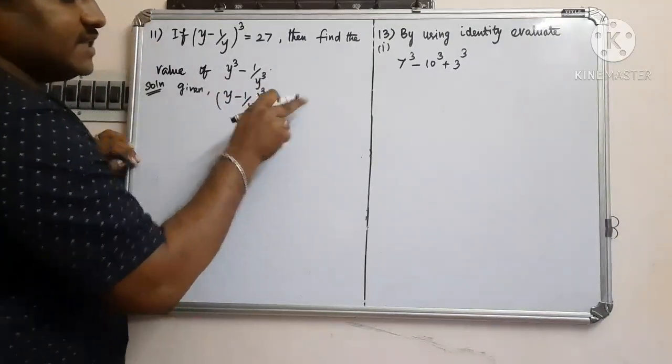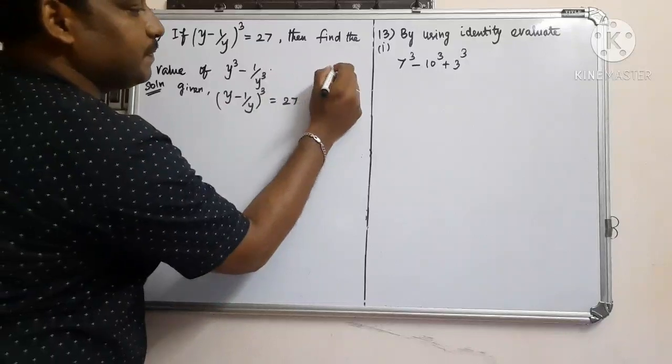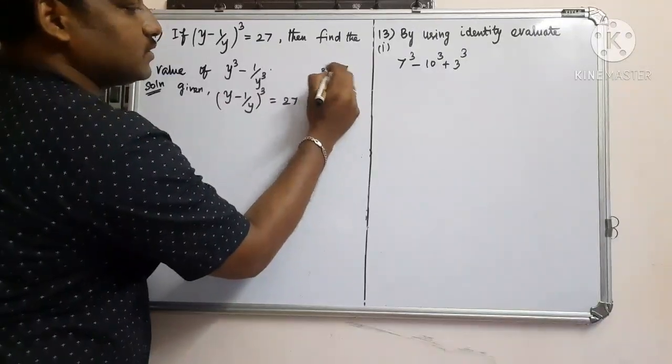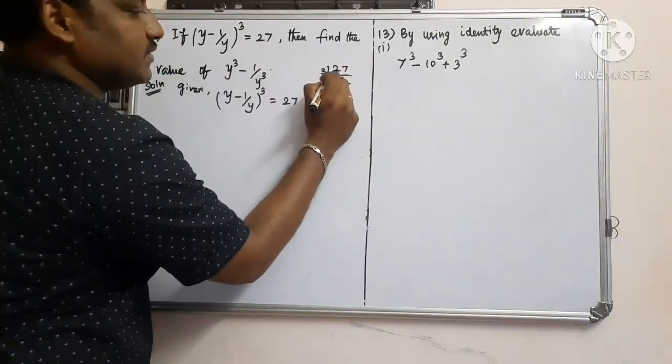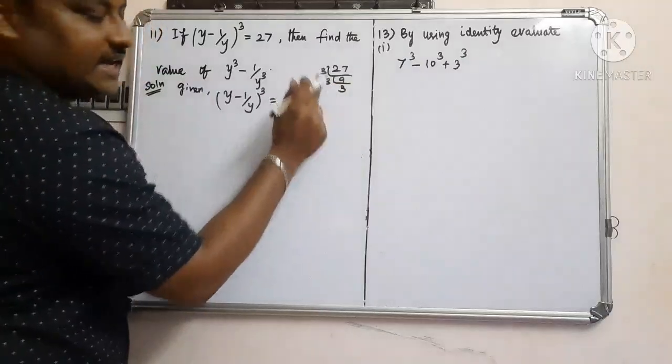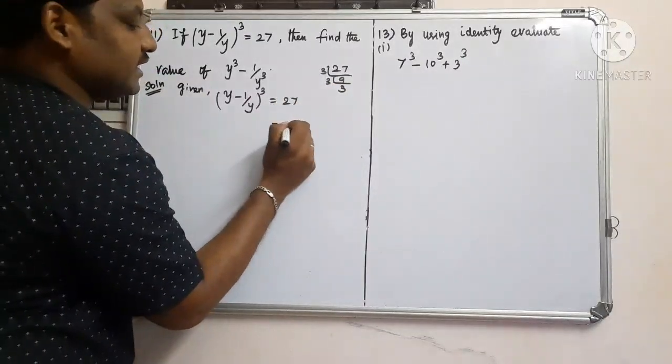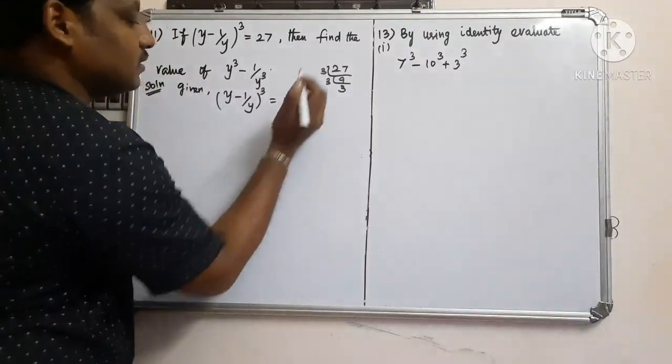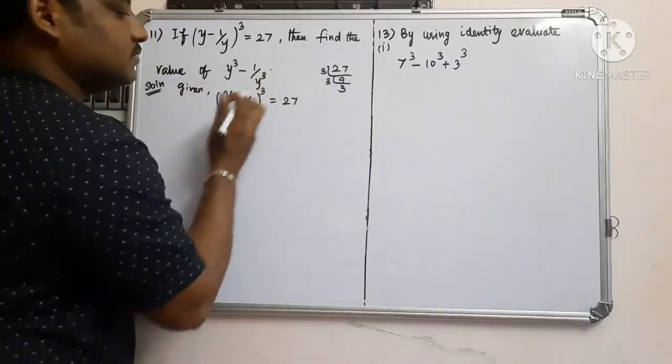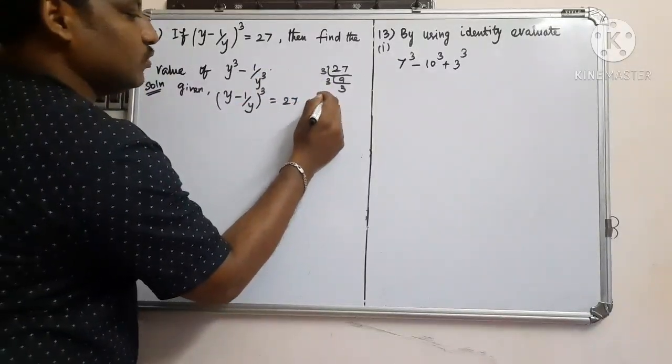So 27 is the cubic value of 3. 3 nines are 27, 3 cube. We can write 27 as 3 cube.